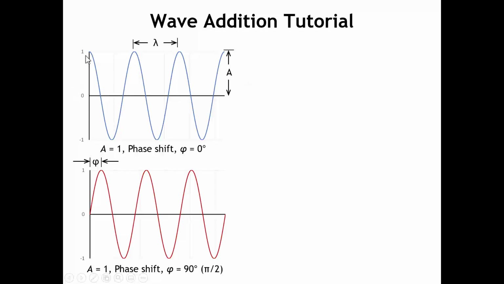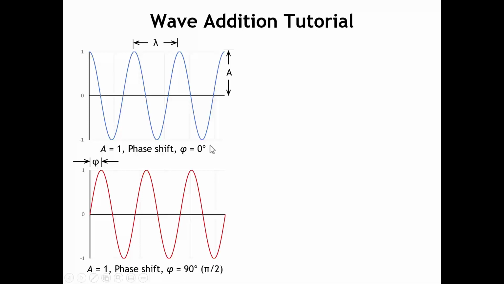Well, if we look at the wave shown in blue, where we're calling the phase shift 0, this is just a perfect cosine wave. It starts with its maximum value at 0 degrees, and as we go to 90, the value of the wave goes to 0. At 180, it's -1, and then it repeats. All right, this is a cosine wave.